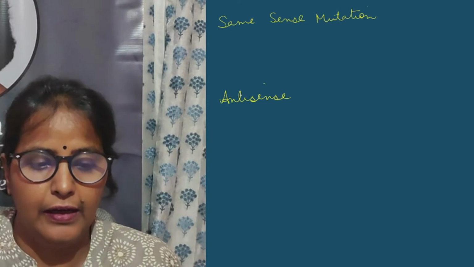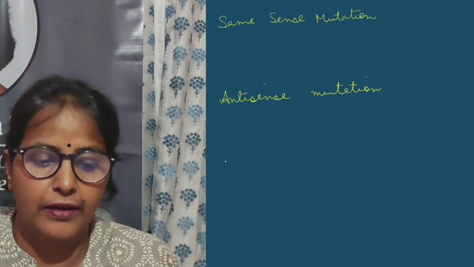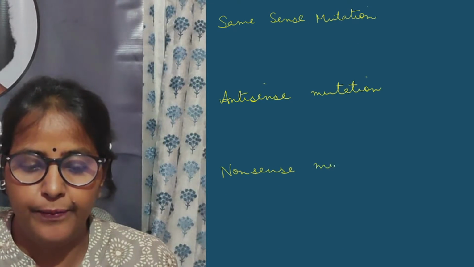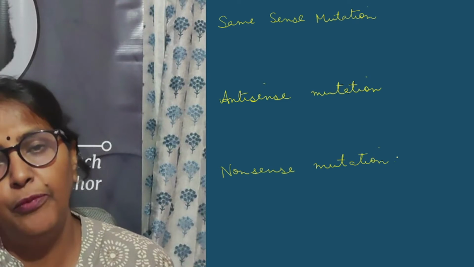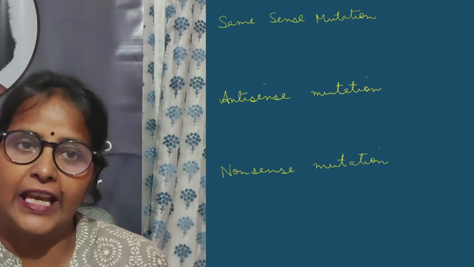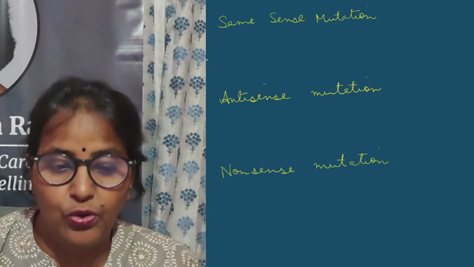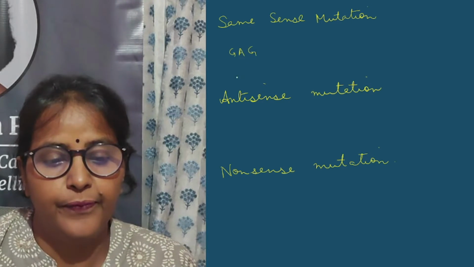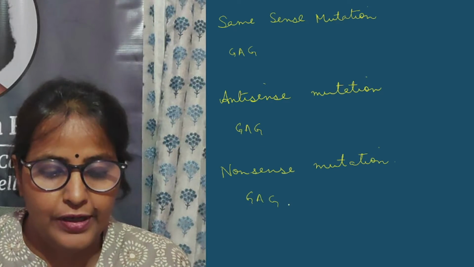There is same sense mutation, antisense mutation, and nonsense mutation. What does it mean? When mutation takes place, after mutation also it codes for the same amino acid, it is called same sense mutation. An example is, we will take glutamic acid in all of these examples, GAG, so that you understand better.